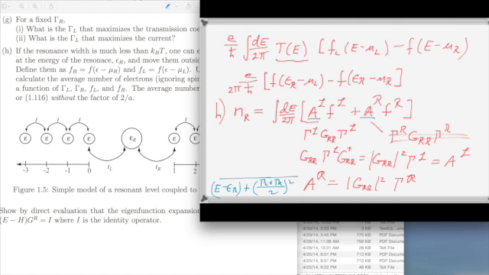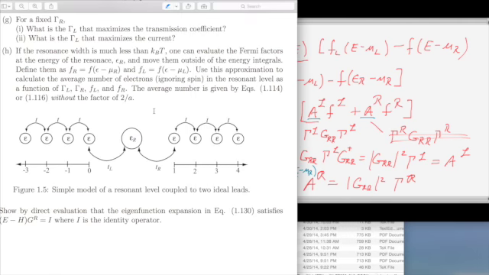And then in the numerator, you're just going to have gamma L times F of E minus mu L plus gamma R times F of E minus mu R. And then you approximate: you can pull the F's outside the integral by just evaluating them at the resonant energy, assuming this is a strongly peaked integrand due to the denominator.